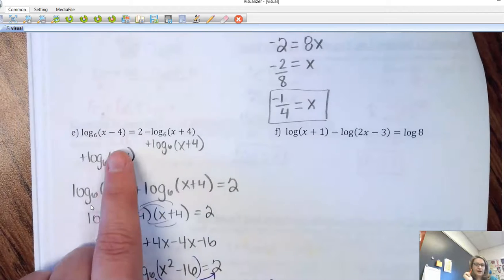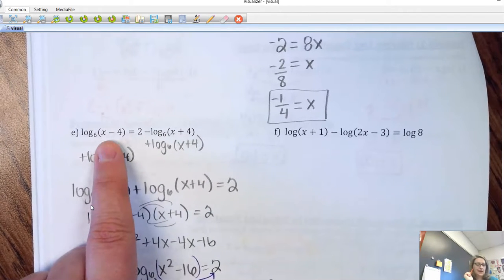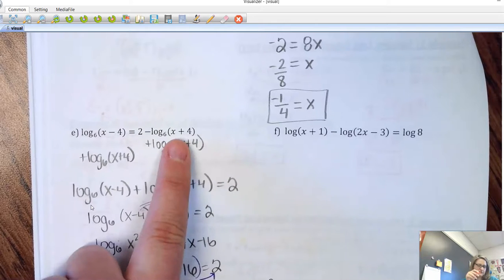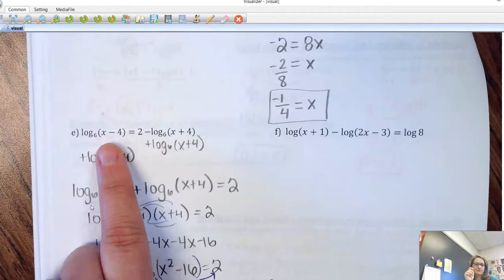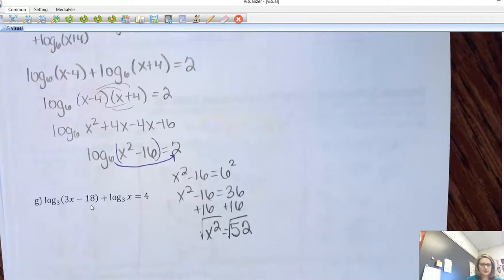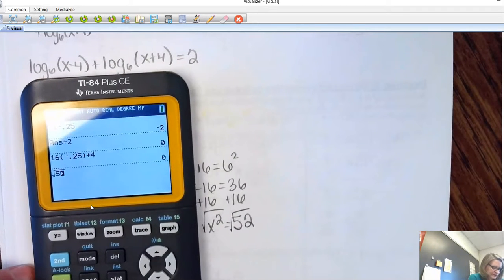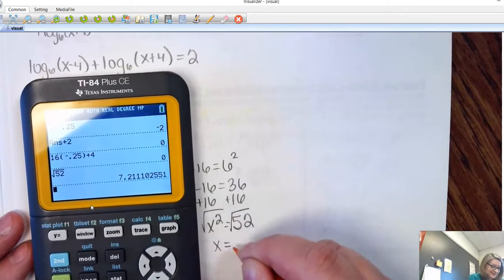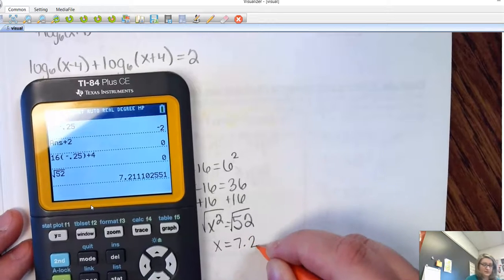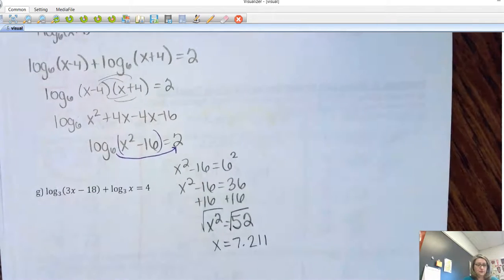But in the original problem, if I put in a negative number for x, I'd take the log of a negative number, and we can't do that. So I'm not going to put a plus and minus in this problem. It's just going to be a plain square root of 52, which gives us an x value to the nearest thousandth of about 7.211 for that question there.